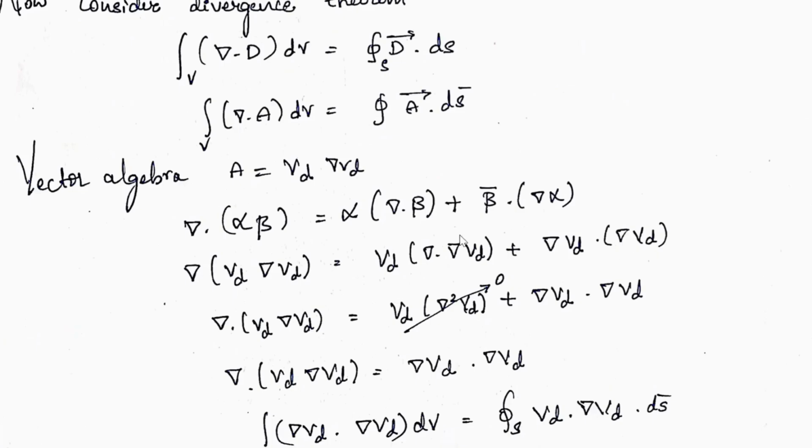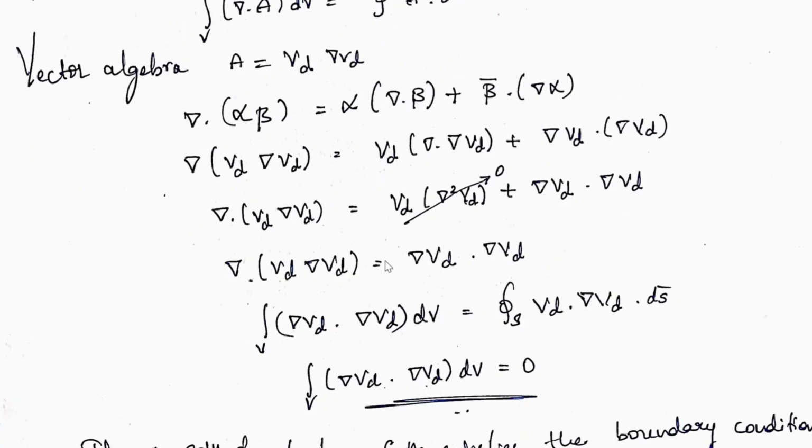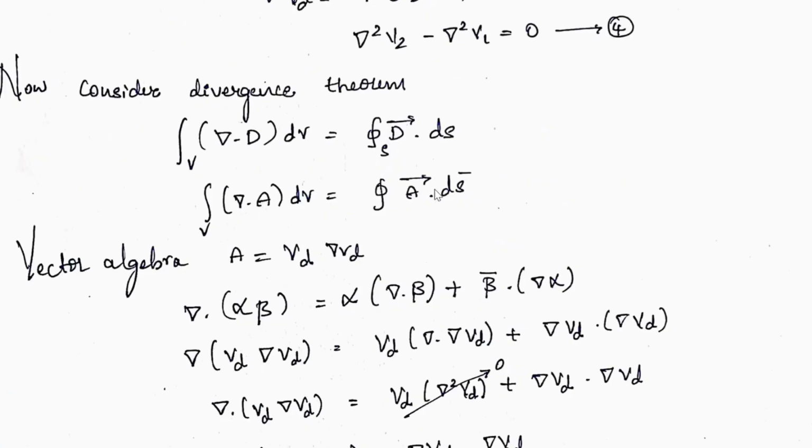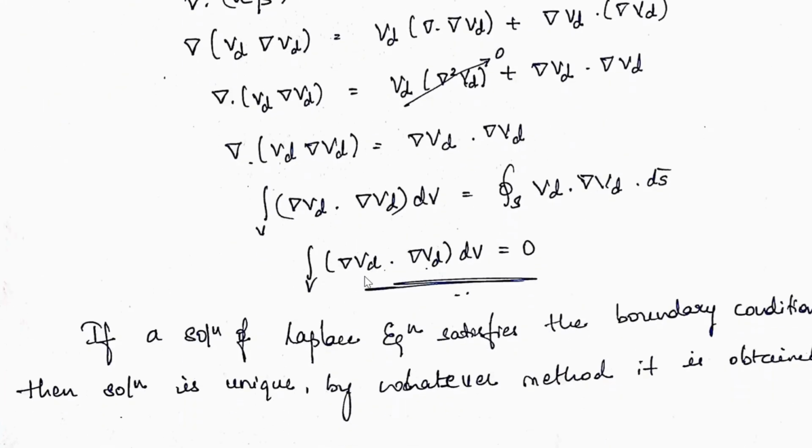So here this term becomes 0 and finally we are left with only the other term. We substitute this back into our divergence theorem equation. Hence we get volume integral of del dot of Vd into del Vd into dv is equal to volume integration of del Vd dot del Vd into dv is equal to 0.